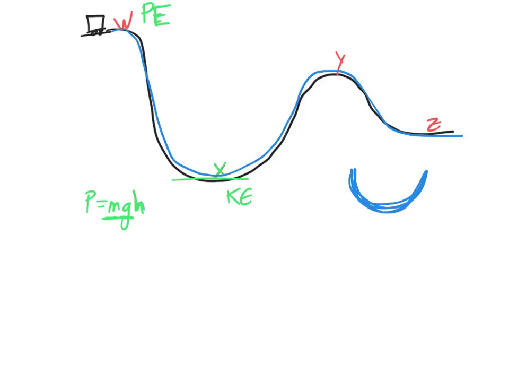Then it says, if there's friction, where is there the least mechanical energy? Well, the further you move along this track, the more friction is going to steal energy from you. So you start out at the top with a lot of mechanical energy. That's all potential at that point. And it's going to change back and forth between kinetic and potential as you move along.